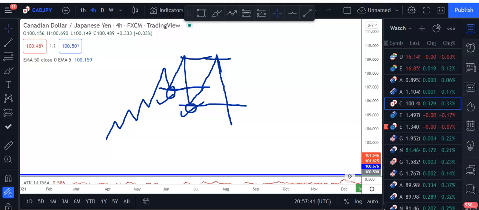So what I wait for after these conditions have been met, I wait for the market to make a pullback to this previous level here. And at this point, that's where I look for my selling opportunities, because in a downtrend, as you know, we only want to be shorting the market.